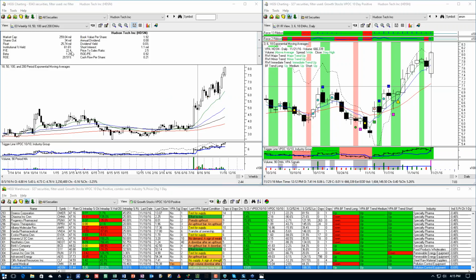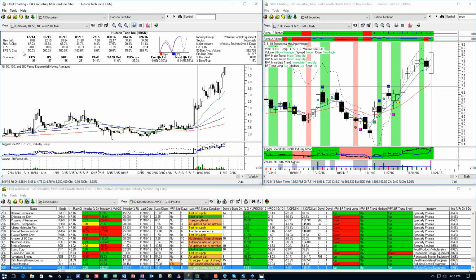PE is, I don't look at the PE too much, but it is only 22.4, and look at this. The return on equity is 20.51%. Got some short interest at 1.1 million, but the float is 34 million. Getting back up here, look at these growth numbers, though.